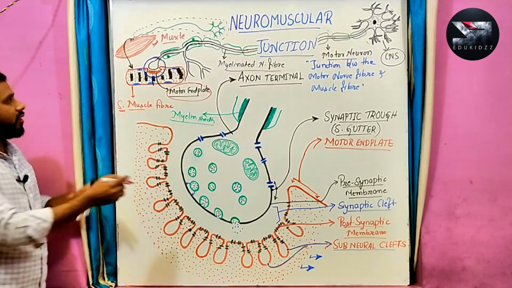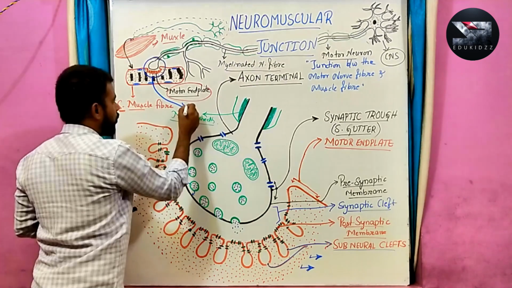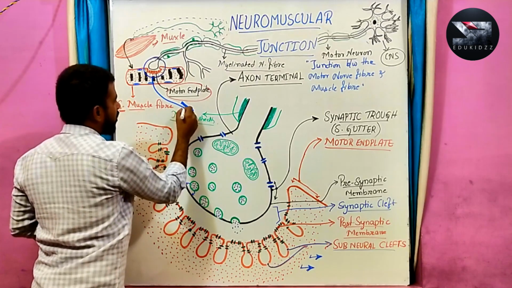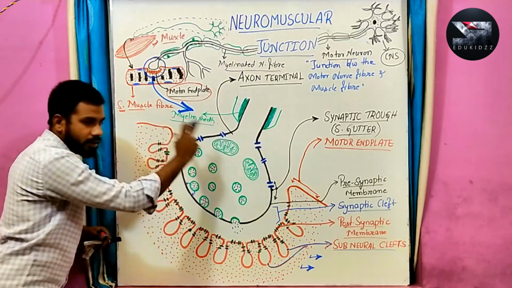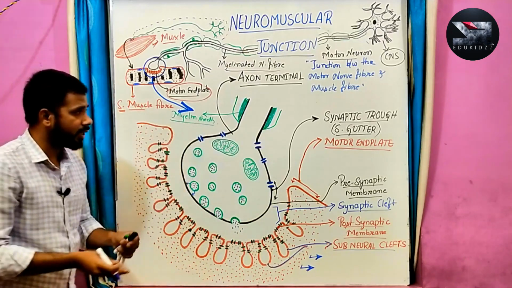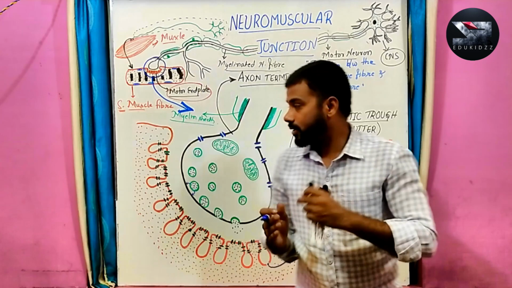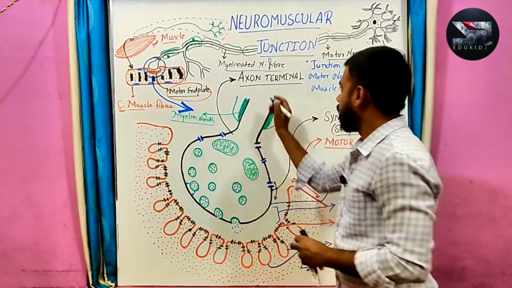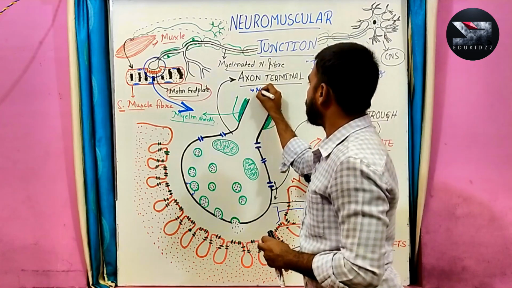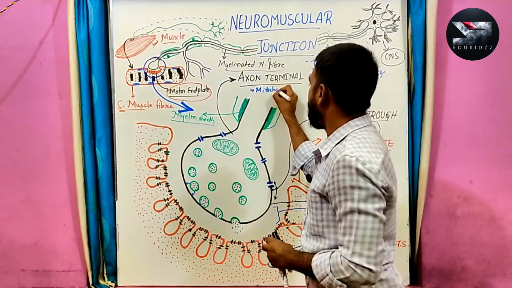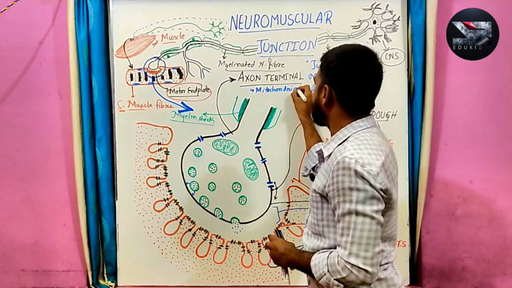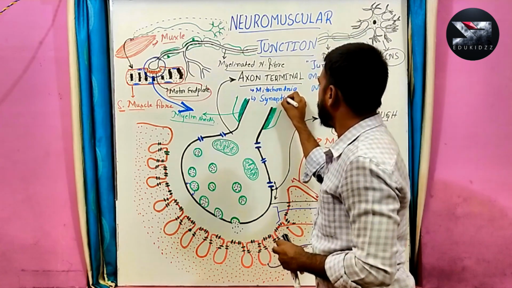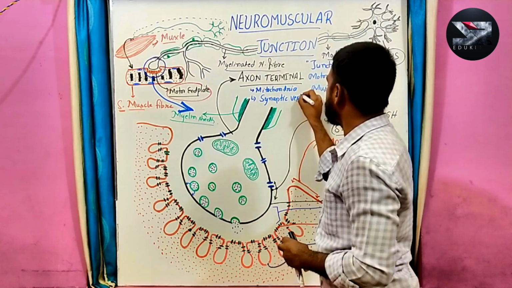And if you enlarge this portion, it looks like this. If you take the ultrastructural view of the neuromuscular junction, it has an axon terminal. This axon terminal mainly has cell organelles like mitochondria as well as synaptic vesicles. The mitochondria help in the synthesis of ATP.